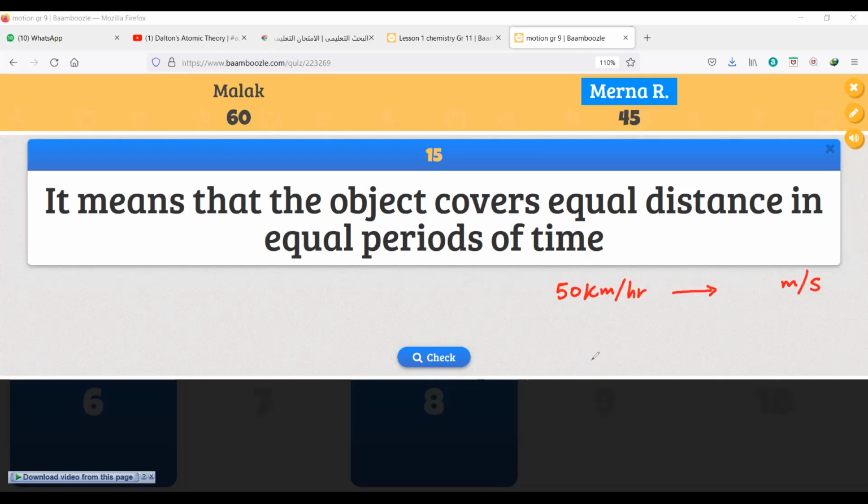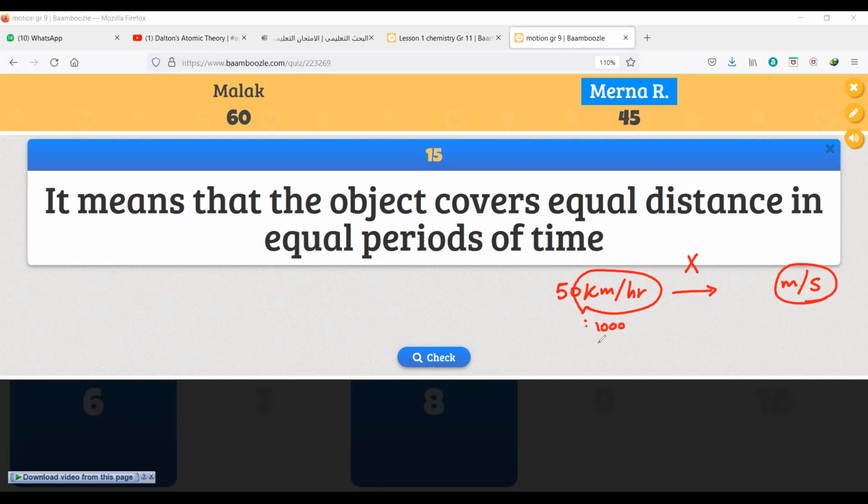Multiply by what? Kilometer per hour to meter per second. 1 kilometer equals 1,000 meters. So we will multiply by 1,000.